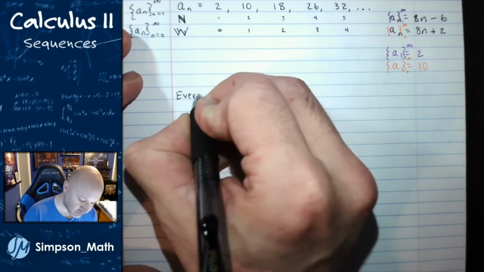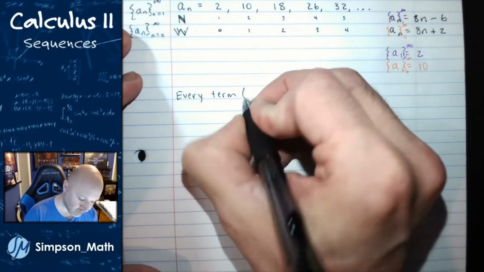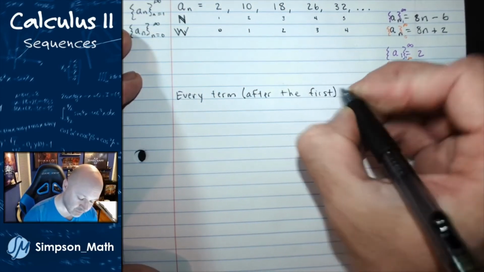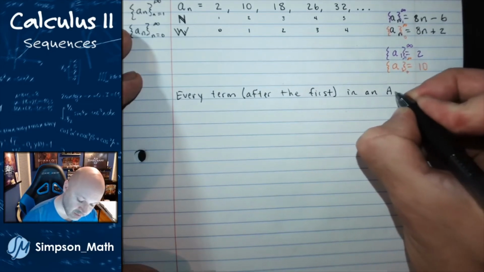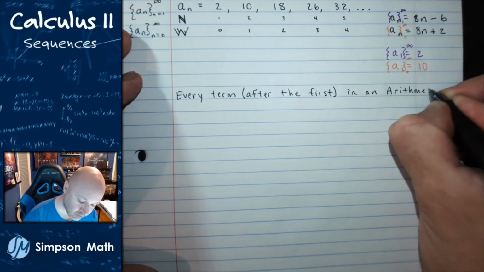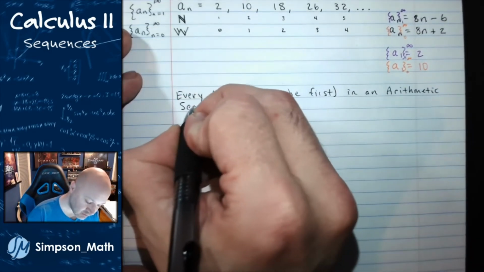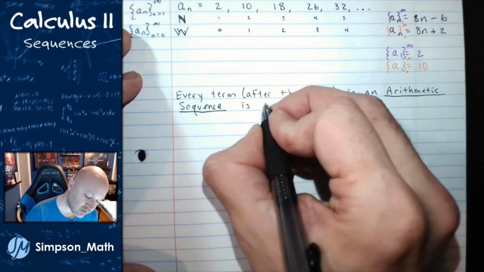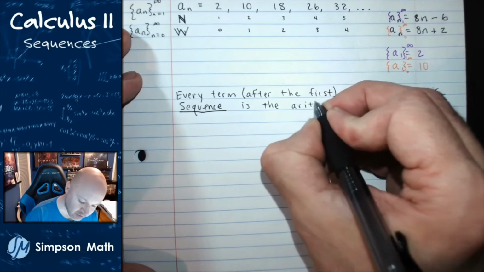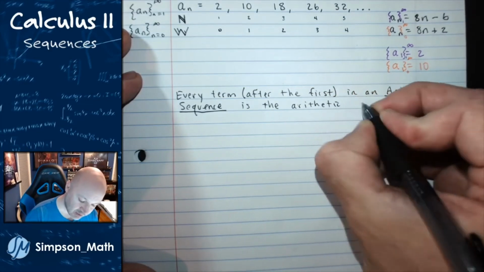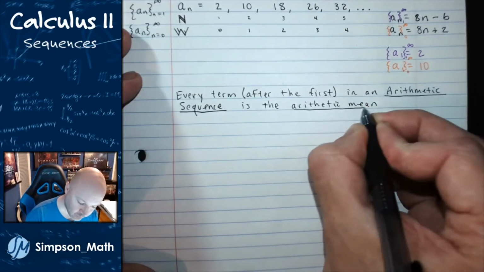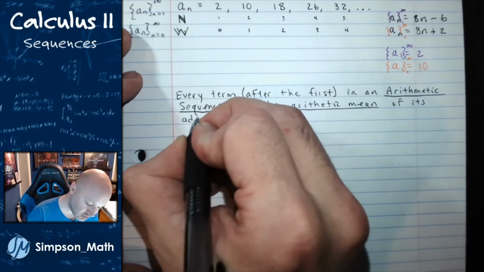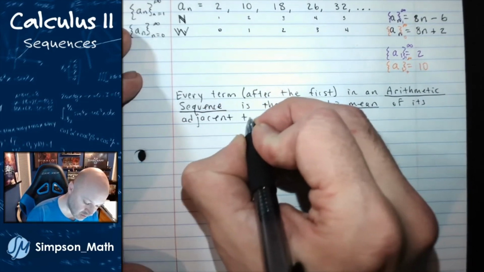Every term after the first in an arithmetic sequence is the arithmetic mean of its adjacent terms.